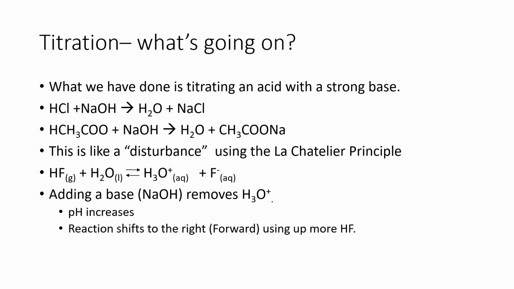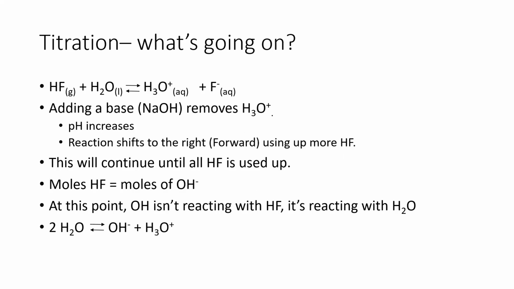And because this is an equilibrium reaction, we're also going to shift the reaction forward, or to the right, which means we're going to start using up some of that HF. So we're going to keep doing this until we have used up all of the HF. And when we have used up all of the HF, this is what we call our equivalence point.